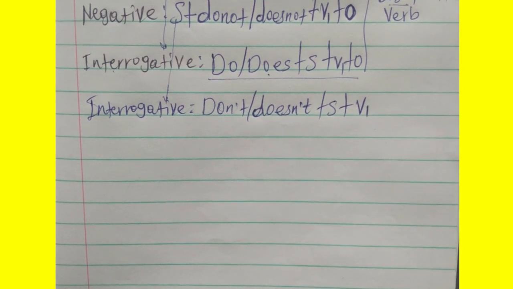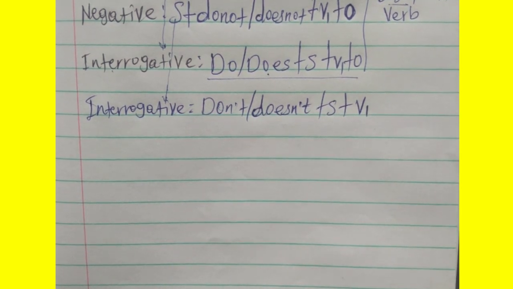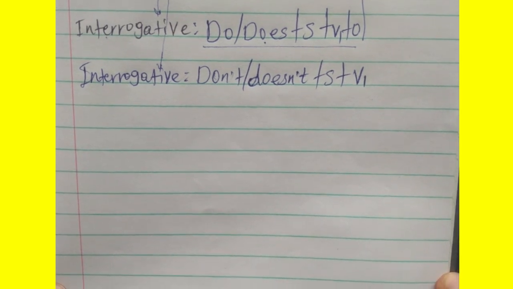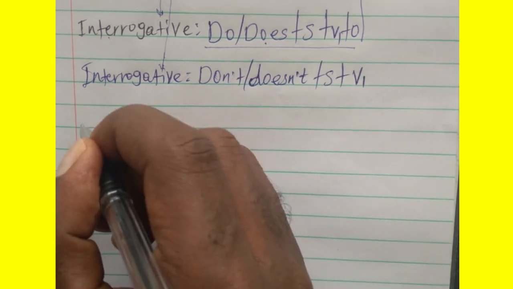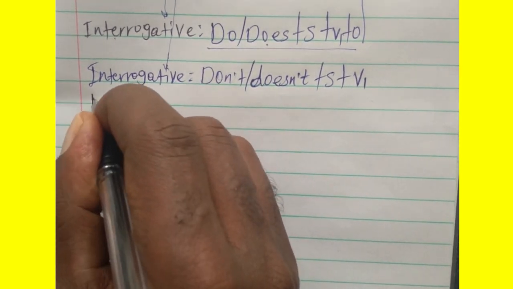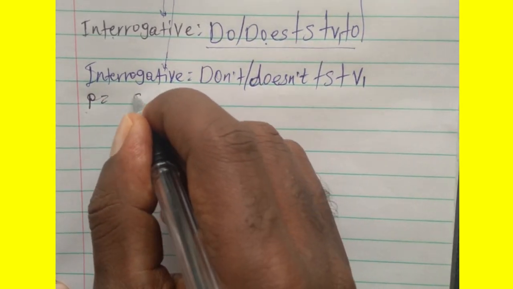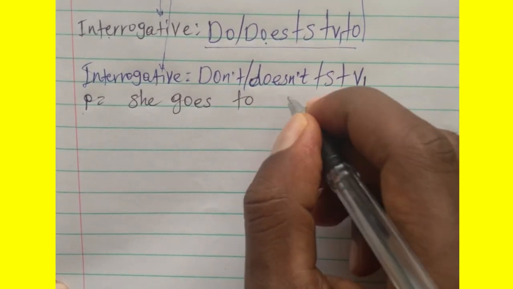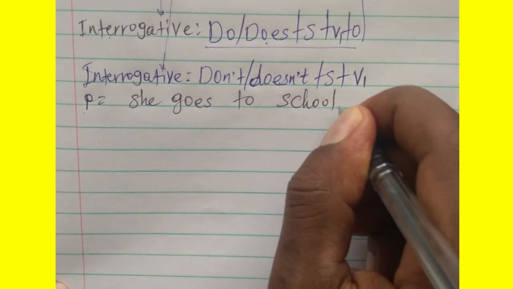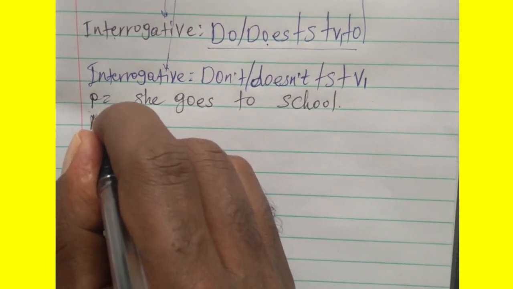Simply we can do several examples using these structures. So for instance, if the positive sentence is like she goes to school, then what is the negative structure?